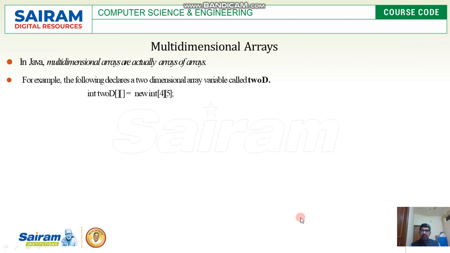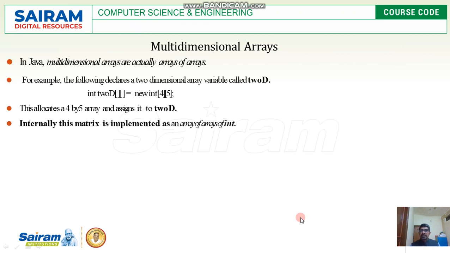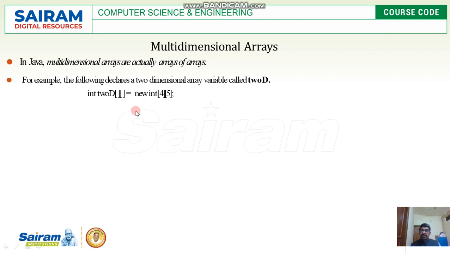So next is about multi-dimensional arrays. This is again the same as a single dimensional array. In this case, you have to give two dimensions, which are rows and columns. So you give the type, then the array name, and you replace the single square bracket with two square brackets. And again, you can give new, then the type and the size of the array.